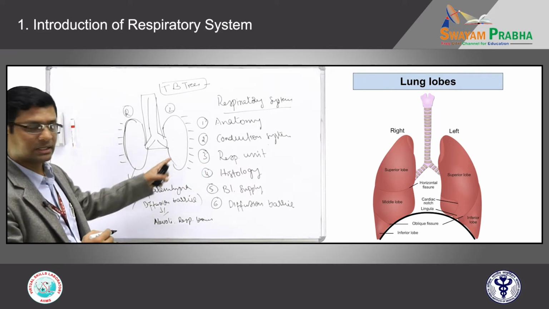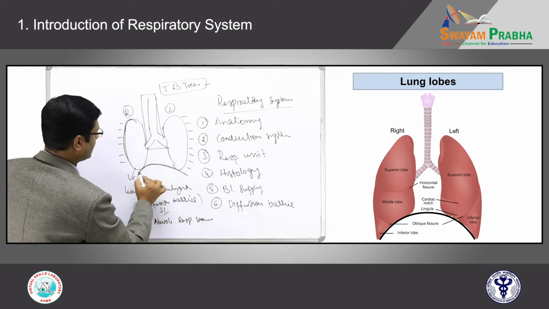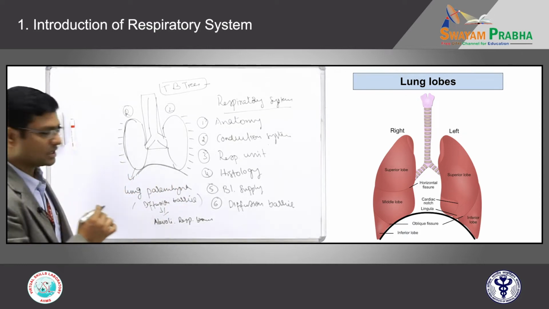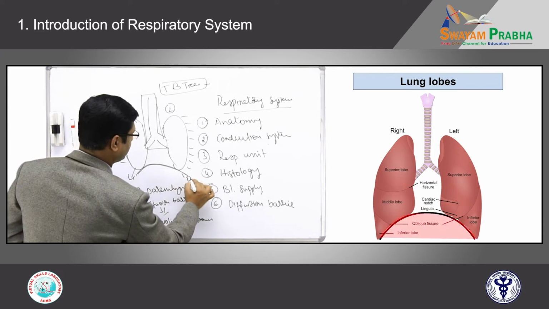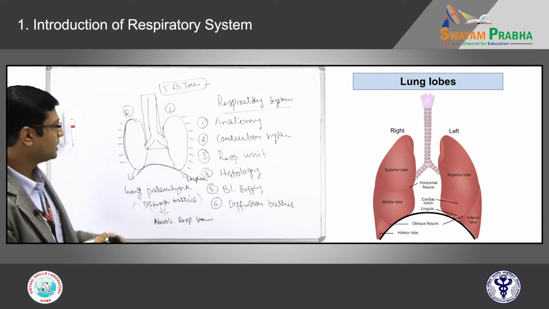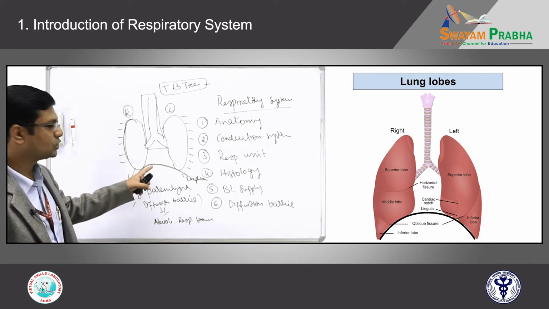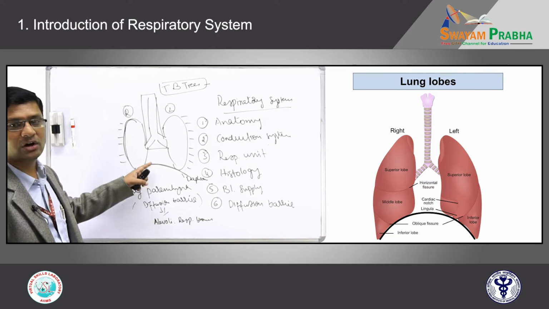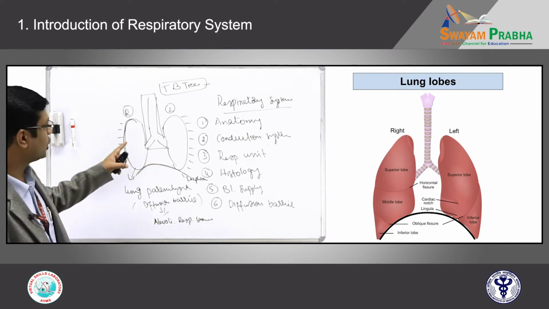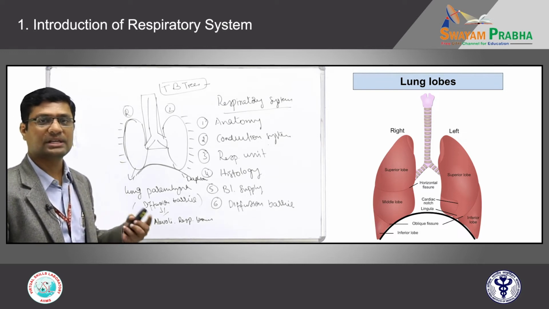These two lungs are separated from the abdominal cavity by a fibromuscular sheet. This we call the diaphragm. Why is it important? Both the thoracic cage and the diaphragm are responsible for the normal physiology of the lung, the inspiration and expiration when it is required.